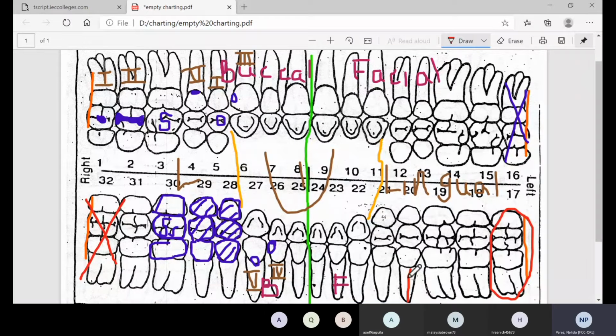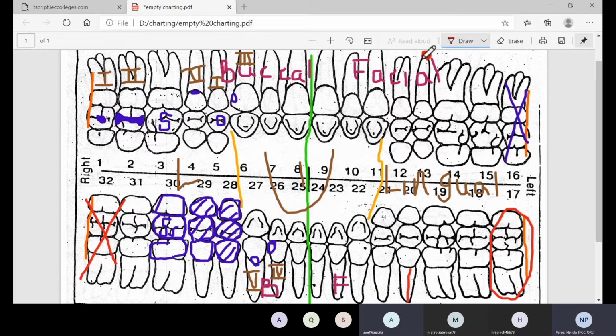Now, let me find a tooth that I can draw this on that you can see it. I'm gonna go right here. Who can tell me what 13 has? An abscess.